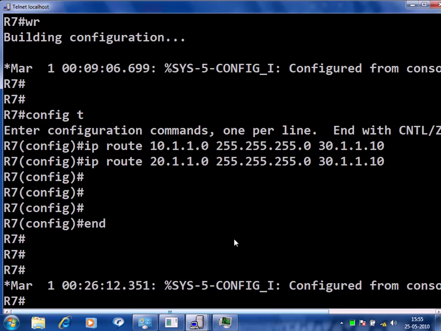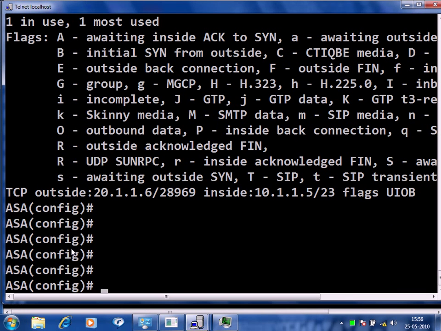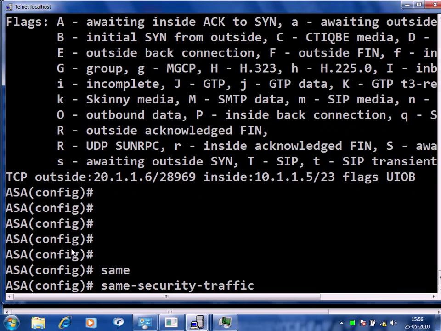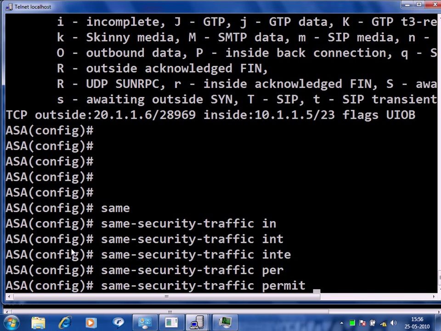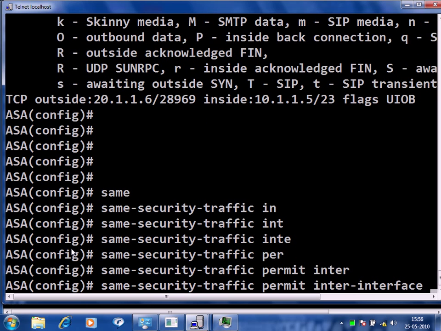If I were to permit this traffic, by default same-security-level interfaces do not participate in the traffic flow. Denied. If I want to permit that traffic, then which command? Same security traffic: intra-interface or inter-interface? Inter-interface.